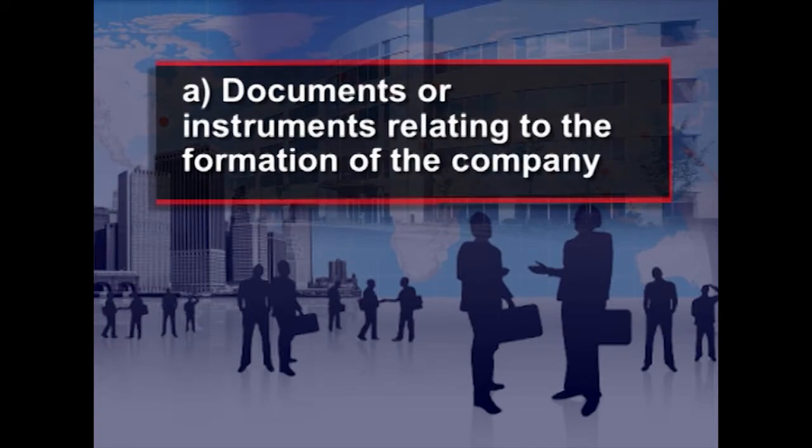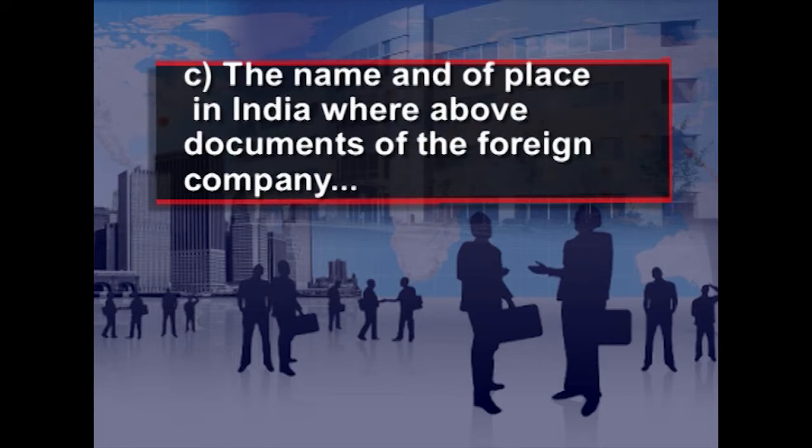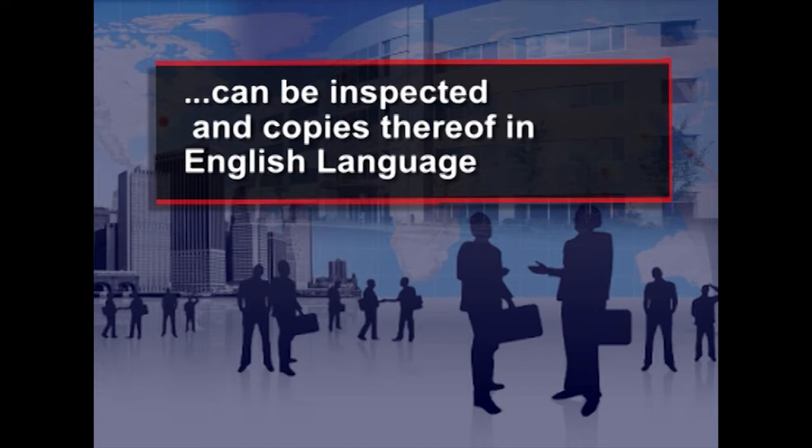A. Documents or instruments relating to the formation of the company. B. Rules by which incorporation of the company was effected. C. The name and place in India where the above documents of the foreign company can be inspected and copies thereof in English language.